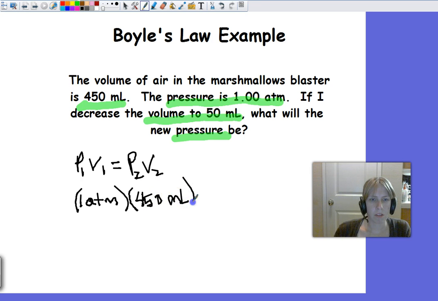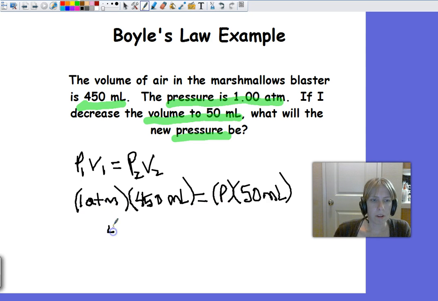Make sure you put units so you know everything that's going on here. And we're looking for pressure, so I'm just going to leave that as P, and it's going to be times our final volume, which they told us was 50 milliliters. Now our volumes are in the same units, so we're good, and we're going to get our answer in ATMs.